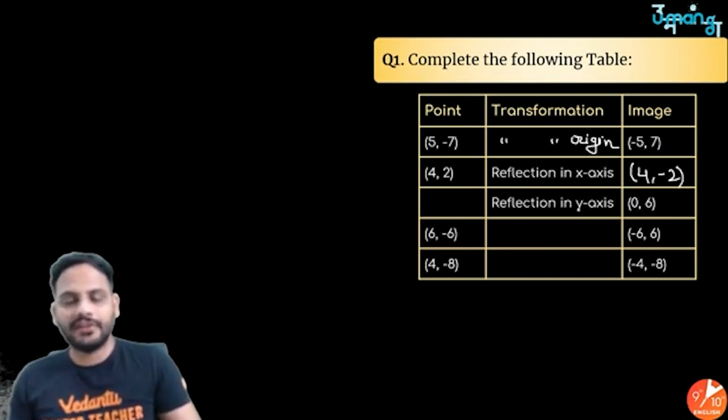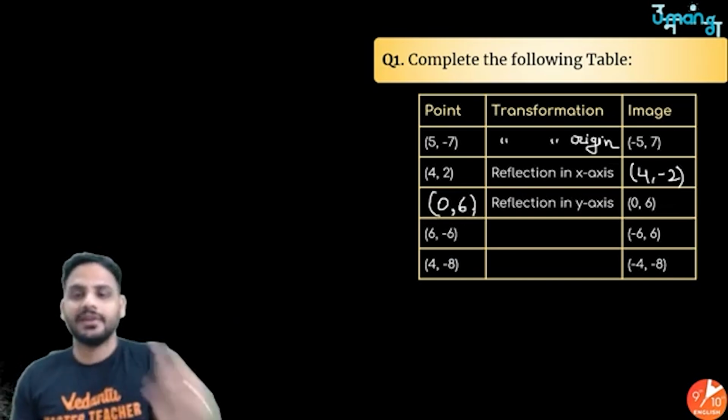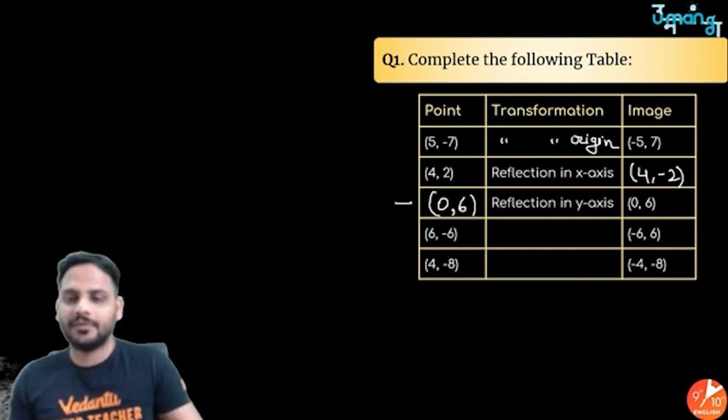Now if I am doing reflection in y-axis, y coordinate will remain same, x coordinate changes the sign, 0 will become minus 0, which means 0 only. And you know (0, 6) is a point on y-axis, so it is an invariant point under y-axis.